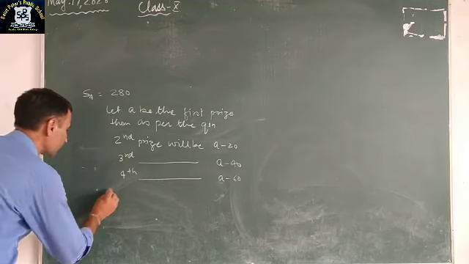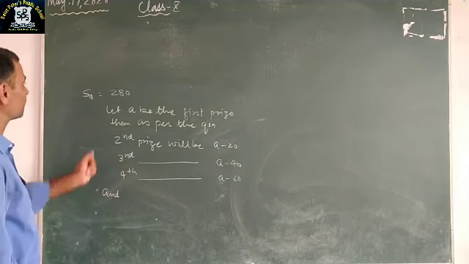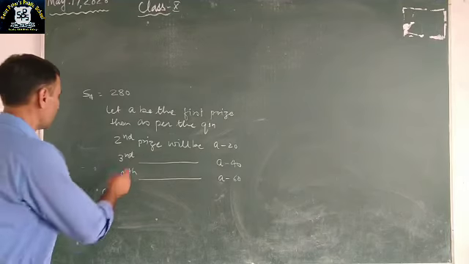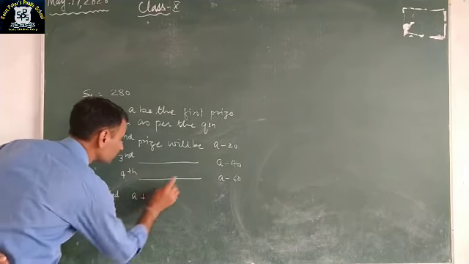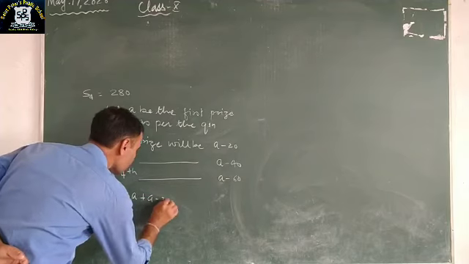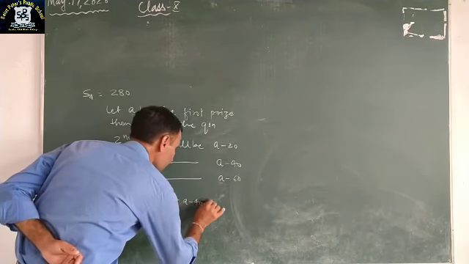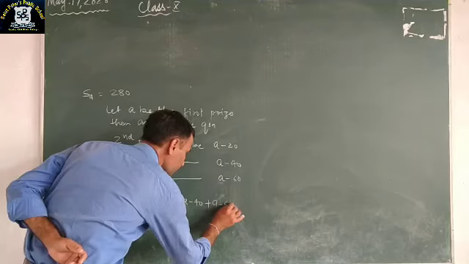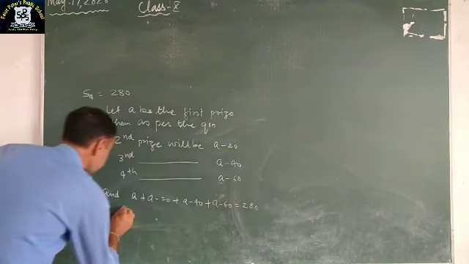And the sum of all these 4 prizes is 280 rupees. So if you add A plus A minus 20 plus A minus 40 plus A minus 60, it should be equal to 280.